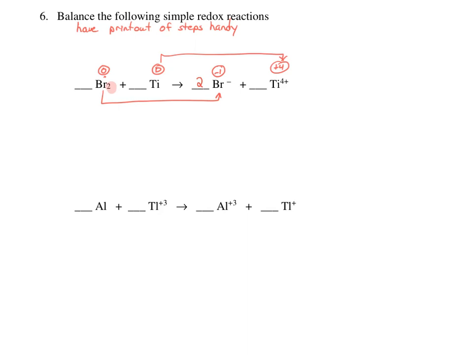Now that those elements that are changing oxidation number are balanced, we can worry about electrons. Again, the rule is 1 electron per unit change in oxidation number. So titanium going from 0 to +4 involves 4 electrons.